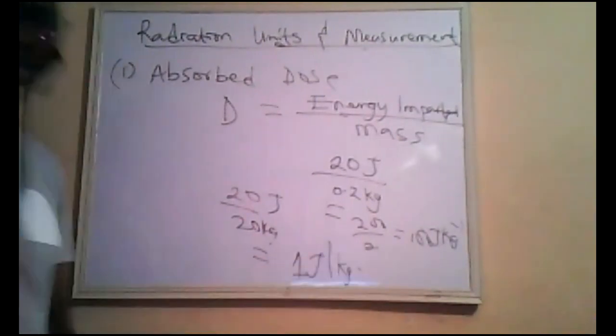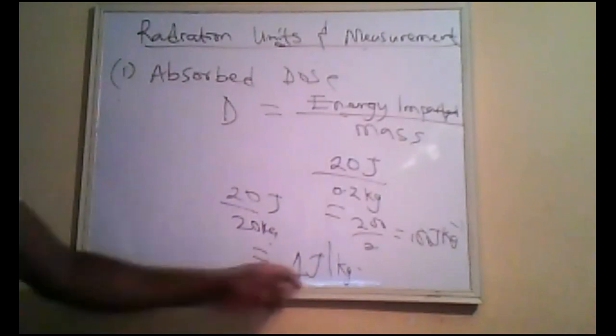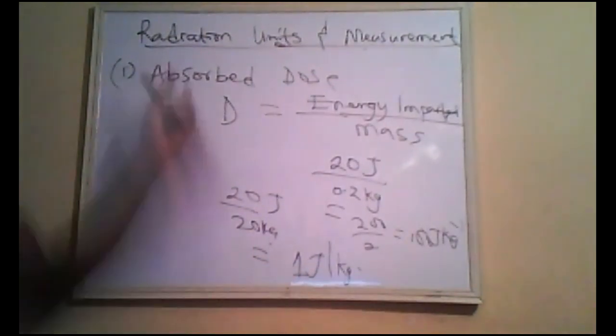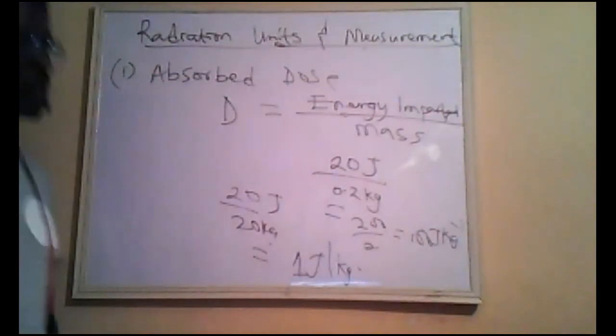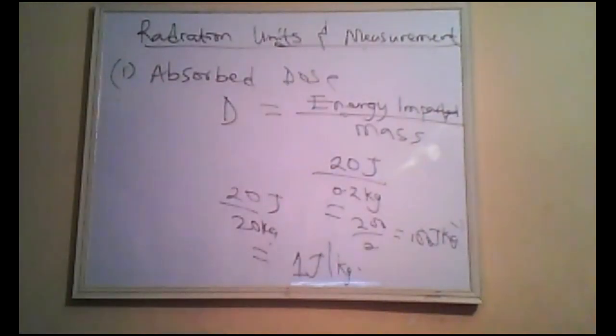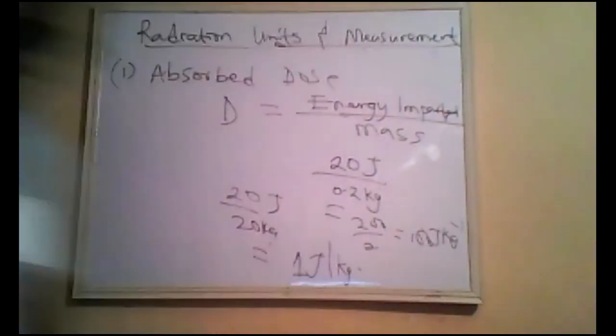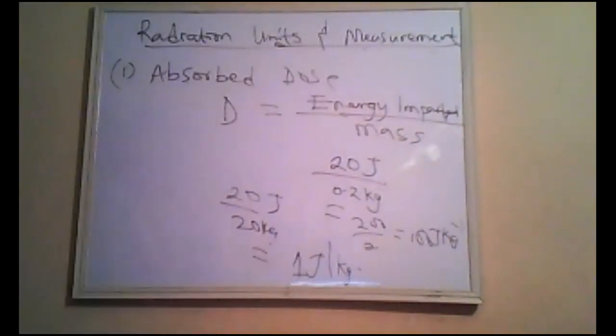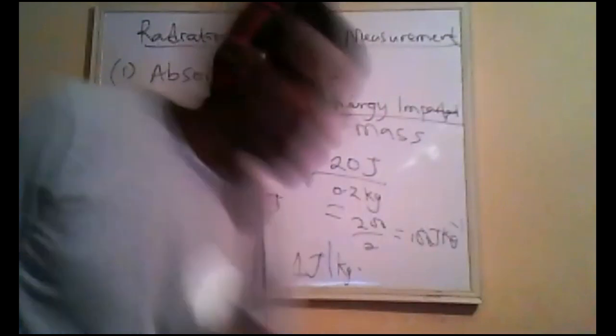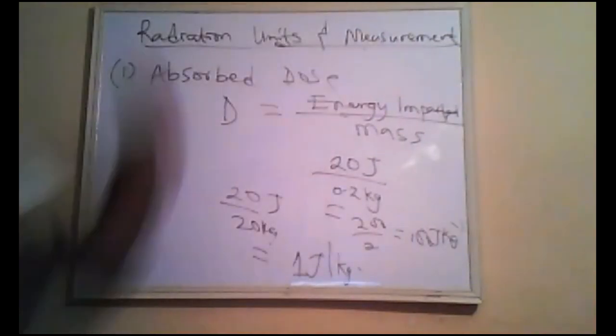So for each kilogram, the energy deposited is 1 joule. This is a quantity that helps us to quantify the damage in a way, not holistically. But we are going to look at some other things that actually help us to quantify that. And one of such is effective dose.